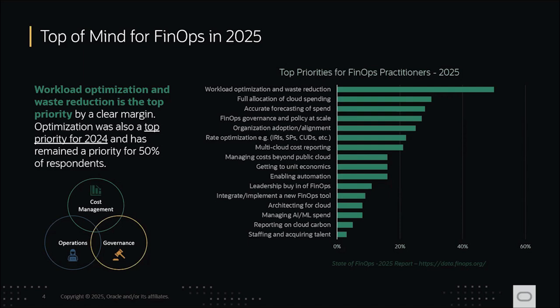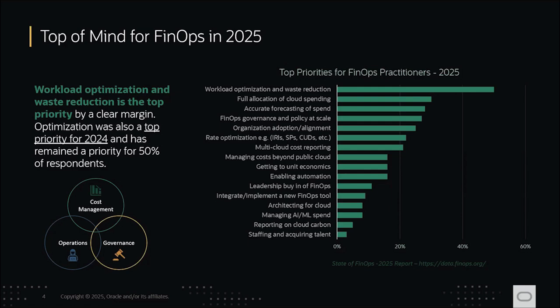The last thing is the foundation does a survey. As you can see, for the top priorities for 2025, workload optimization and waste reduction is by far the top of mind, number one. This is a consistent theme. It was also a top priority for 2024.